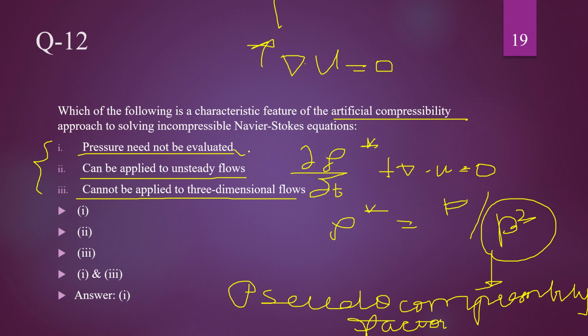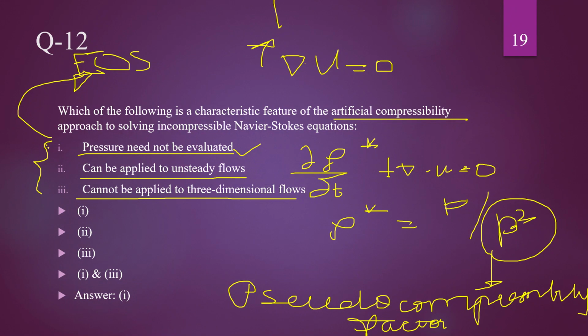Pressure need not be evaluated. This is a correct statement, because in the compressible method, if you remember, the pressure is solved by using the equation of state, not from the continuity or the Navier-Stokes equation.